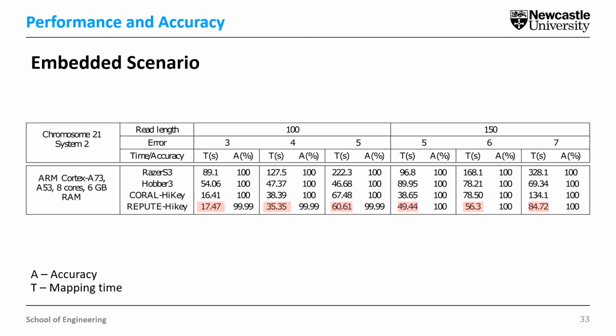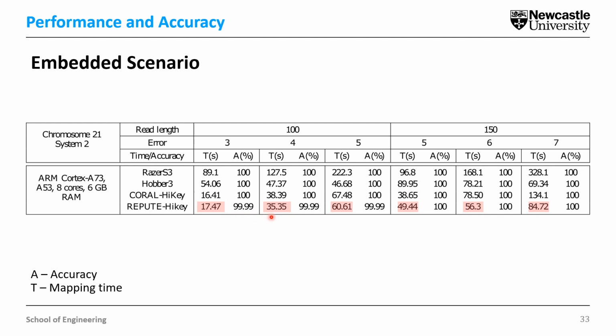This slide presents the embedded scenario in which we have implemented 4 of these tools on the HiKey 970 platform. We can see that for a read length of 100, REPUTE outperforms all the other read mappers, especially for lower error values.